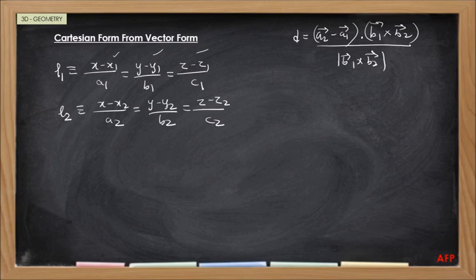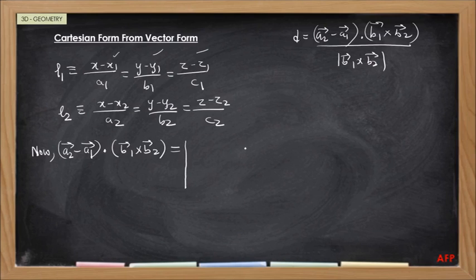Now we have to find this. Okay, so very simple way to find. Now (A2 minus A1) dot product, that is the first numerator we will find. How to write the numerator?